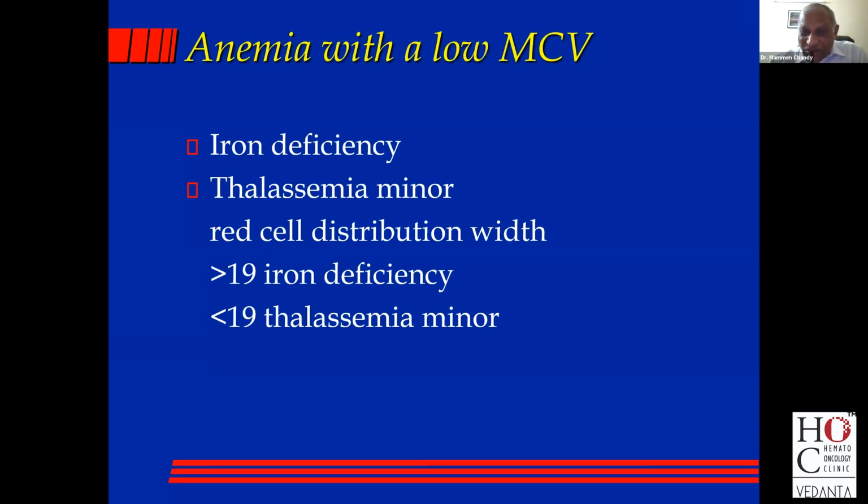I think it's because in different parts of the marrow, the amount of iron available may be different, and therefore the red cell size is different and you have anisocytosis. The second major cause is thalassemia. Because it's a genetic defect, all the cells are the same size and therefore the red cell distribution width is low. And this refers mainly to thalassemia minor, because thal major is quite easy to diagnose.